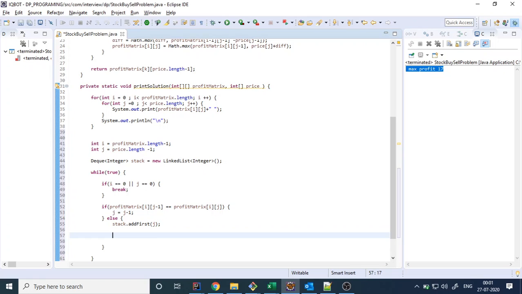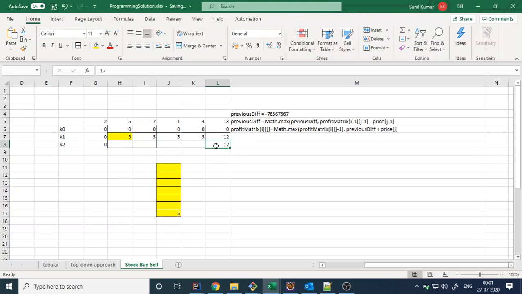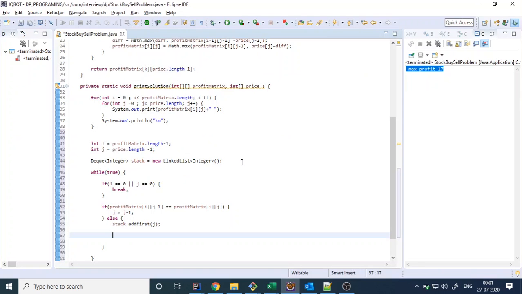Now since I put the g with this value, I have to check in some loop what should be next.